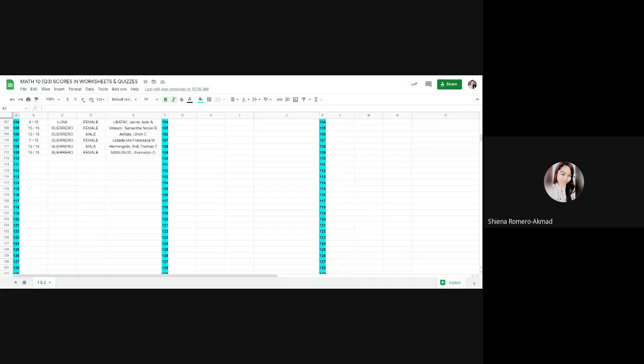Pag tapos na, pwede nang mag-left ha. Pag nakita nyo sa screen yung scores nyo.